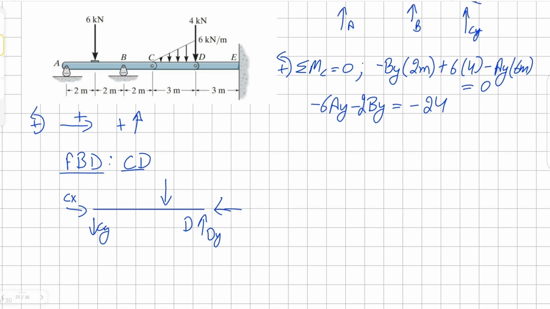Okay, so let's find our concentrated load for the triangular distributed load on member CD. It's going to be half times 6 times the distance, 3 meters. This comes up to 9 kilonewton, and it's 2/3 away from C, therefore it'll be 2 meters away from C and 1 meter away from D. Okay, let's take a moment about the point C again.